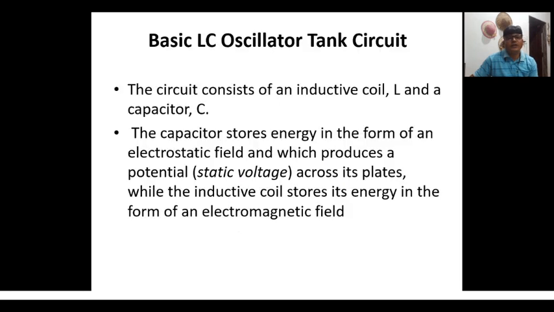Next, we will see the basics of the LC oscillator or tank circuit. A circuit which produces electrical oscillations of any desired frequency is called an oscillator circuit. A tank circuit will produce electrical oscillations. A simple circuit consisting of inductance L and capacitor C in parallel constitutes a tank circuit.